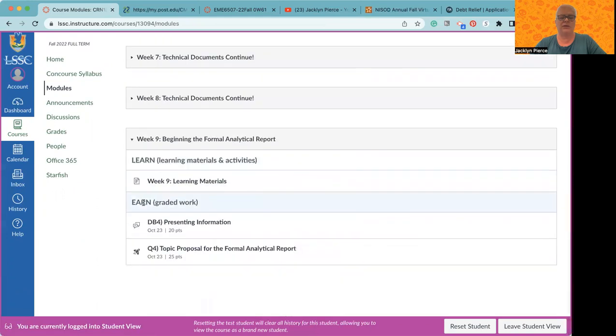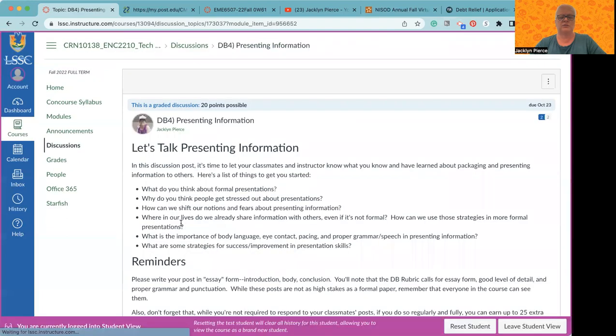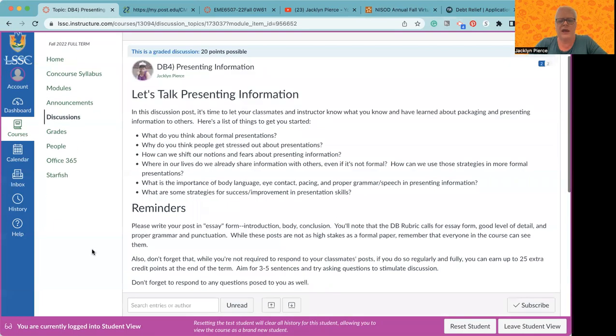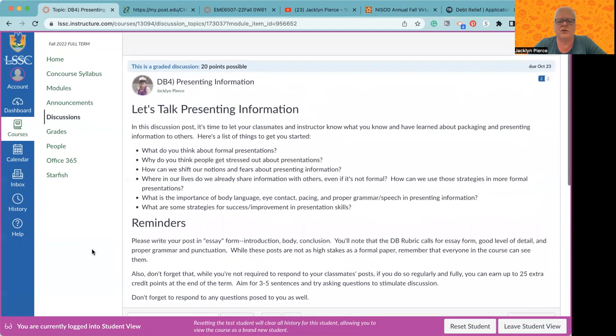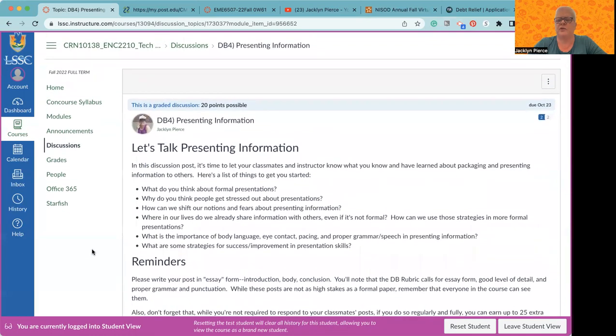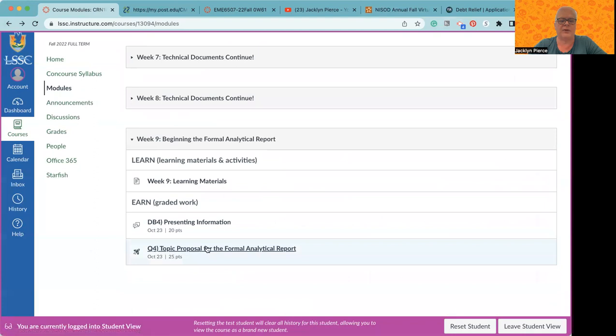Now, again, with this module, you've got two things to talk about. One is a discussion board, which is the presenting information. So you answer the questions, fairly straightforward. And then the next one is the topic proposal.